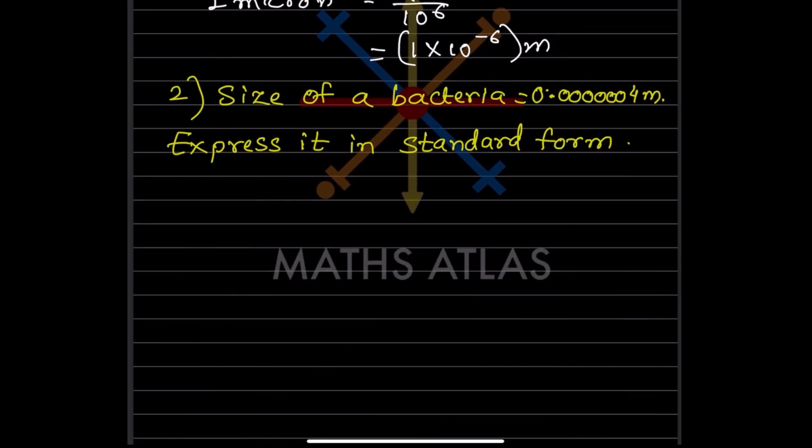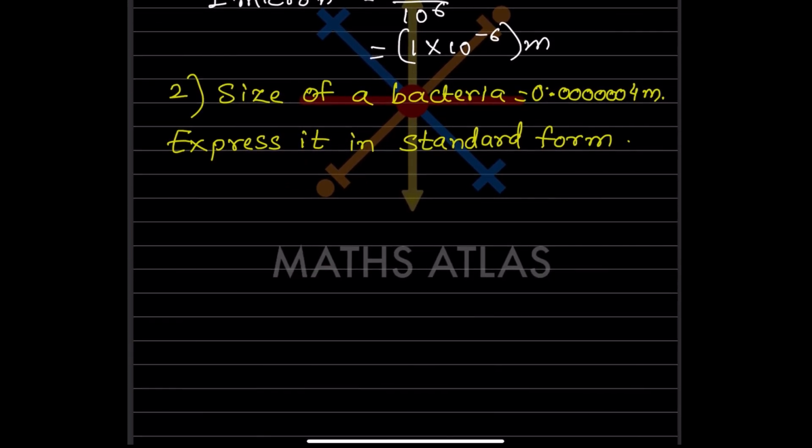Now the size of bacteria is given, and you have to express this in a standard form. So let us write here size of bacteria, the same thing over here. That will be 0 point, and how many zeros, 1, 2, 3, 4, 5, 6 and 4. That is in meter.